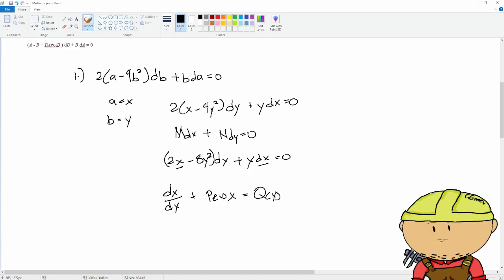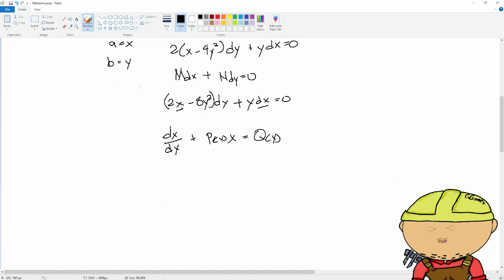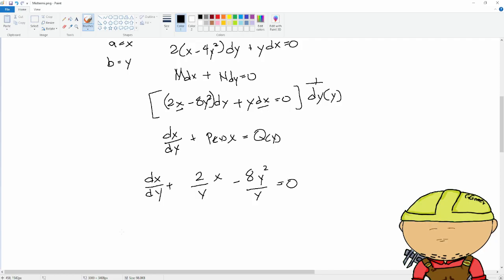So we divide the equation by dy and y. This becomes dx over dy plus 2x divided by y minus 8y squared divided by y is equal to 0.